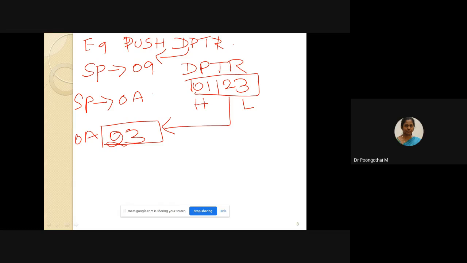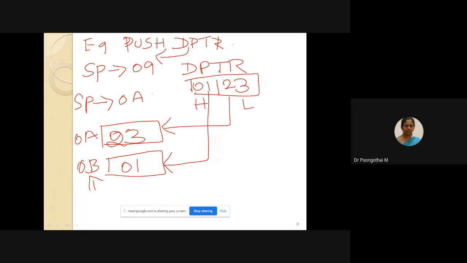And after that, to get the next data, the stack pointer is incremented again to 0B, and 01 is written there. Is that clear? Now the stack pointer is pointing to 0B.